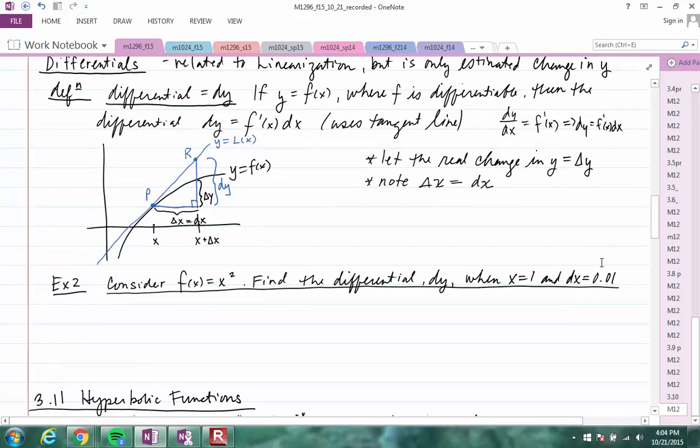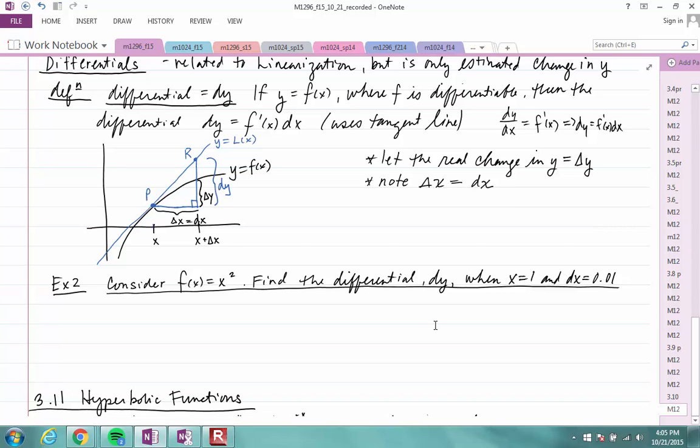So it's best to do an example to put this into action. Consider f of x equals x squared. Find the differential dy when x equals 1 and dx equals 0.01. So somehow you need to remember what the differential is.